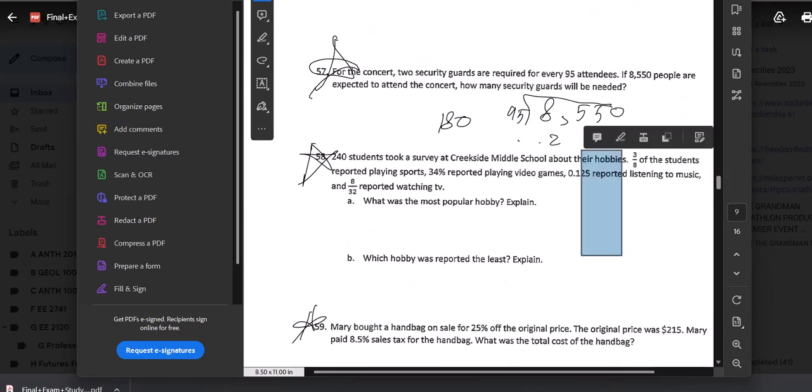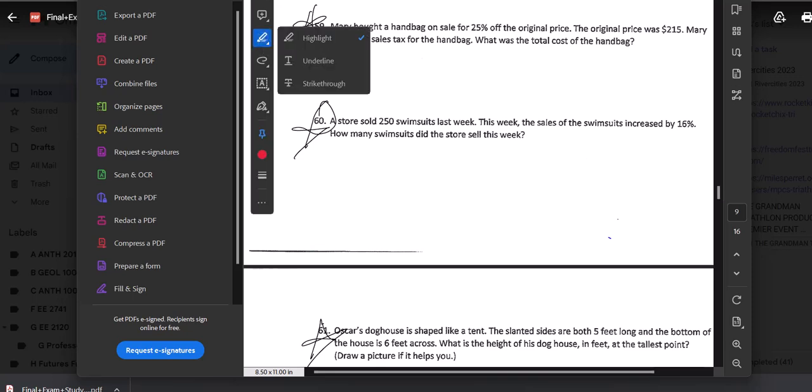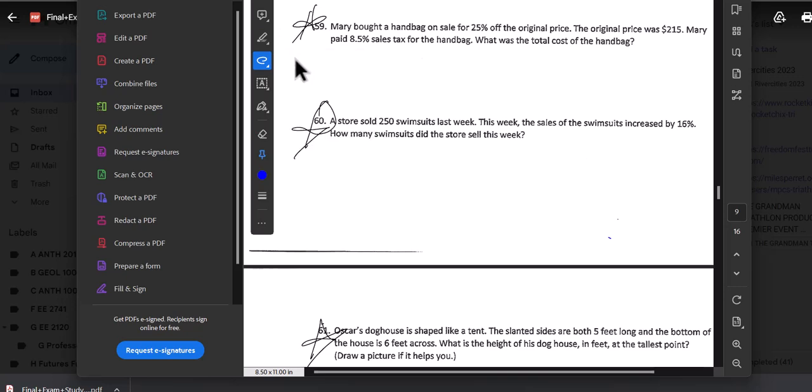Okay. Mary bought a handbag on sale for 25% off the original price. So we remember that the way to do that, if it's 25% off, we multiply by 100 minus 25 equals 75%.